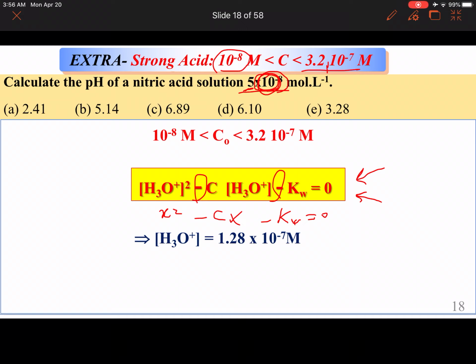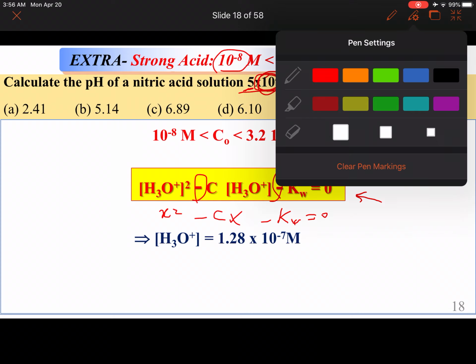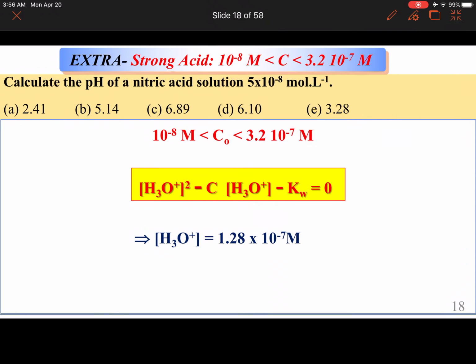So once you do this calculation, what do I have? I put my concentration in. So we have x squared minus C, which here would be 5 times 10 to the minus 8, which is my concentration, times x, where x is H3O plus, minus 10 to the minus 14.